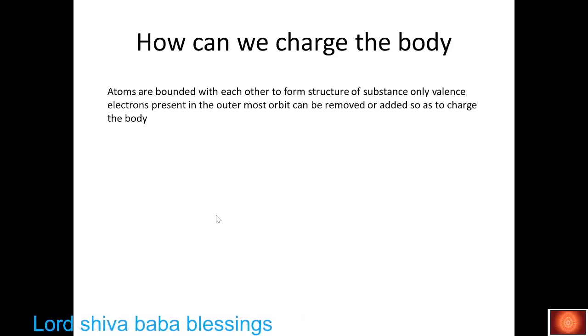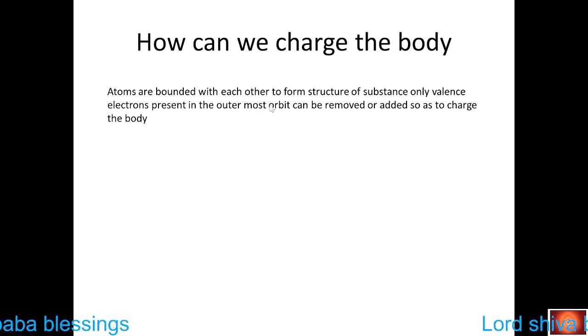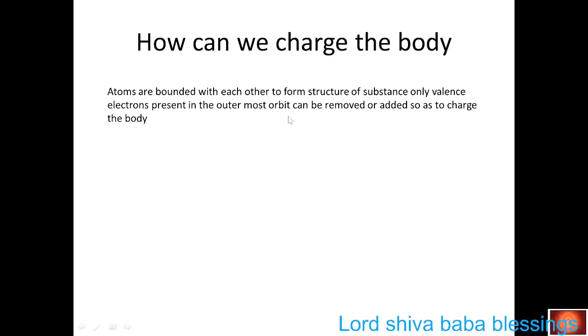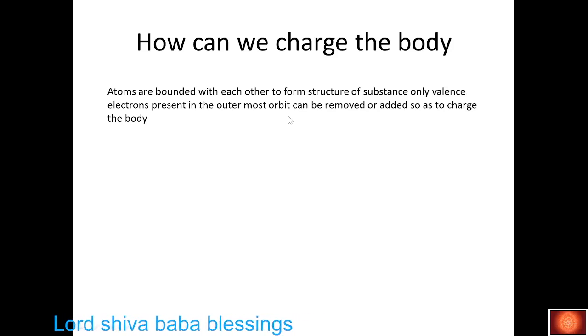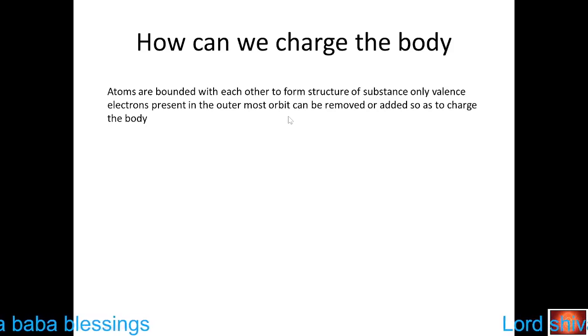We can charge the body by removing the extra electron, that is the valence electron. If we remove the negative charge, the body becomes positive, and if we add extra electrons, the body becomes negative.